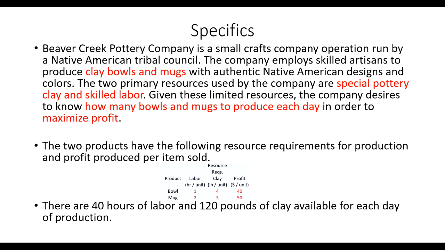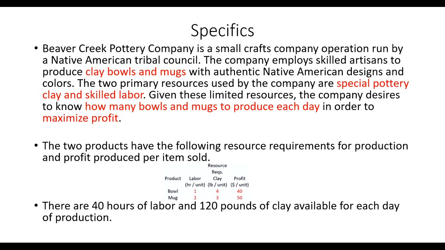So, now that we have our ultimate goal, we have to relate these two products to each other. And we can do that by knowing how much profit each generates. So in this situation, we're trying to maximize Z, or profit. If x1 clay bowls is $40 and x2 mugs is $50, that is our objective function.